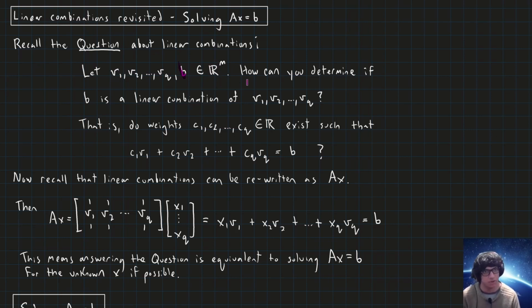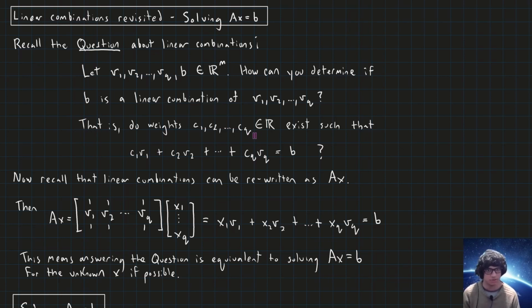The question was, how do you determine if b is a linear combination of the v's? In other words, do weights c1 through cq exist such that this equation is satisfied? This equation exactly says that b is a linear combination of the v's.